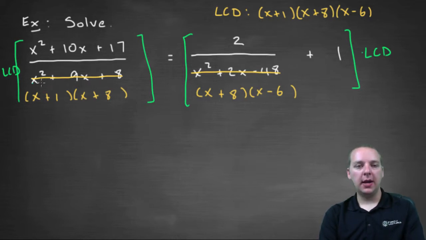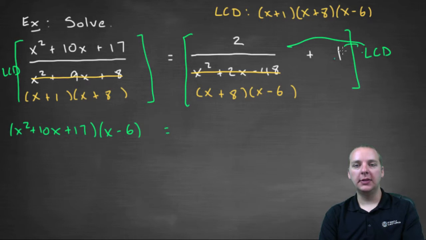All right, so if we do that, then on the left-hand side, the x plus 1 and the x plus 8 will cancel. So you'll have x squared plus 10x plus 17 times just the only remaining factor of x minus 6. And on the right-hand side, we distribute these three to the first term and the second term.